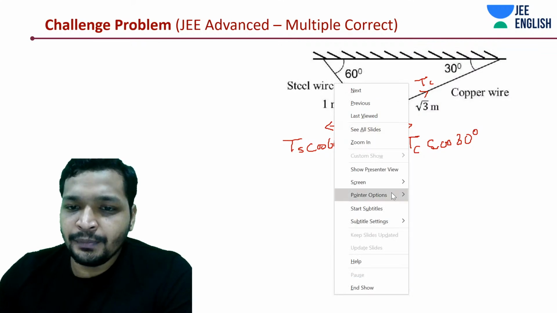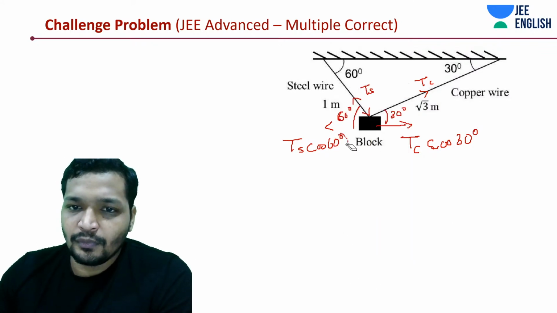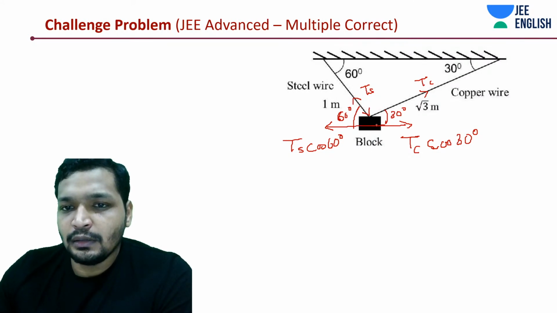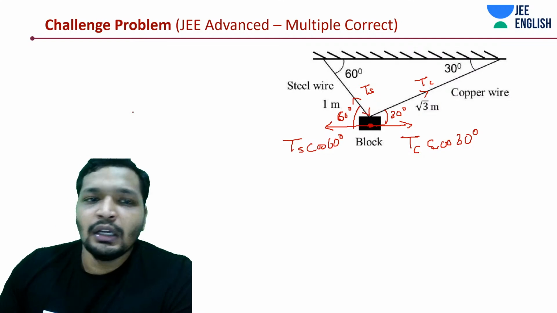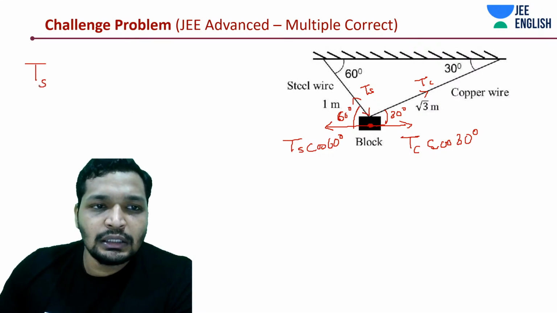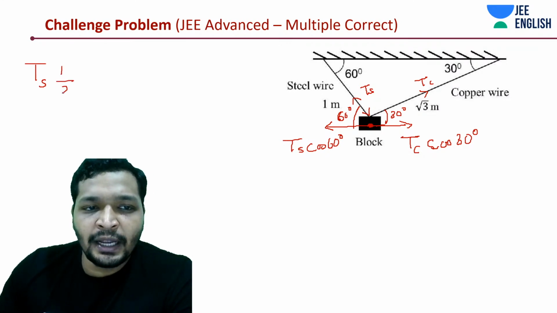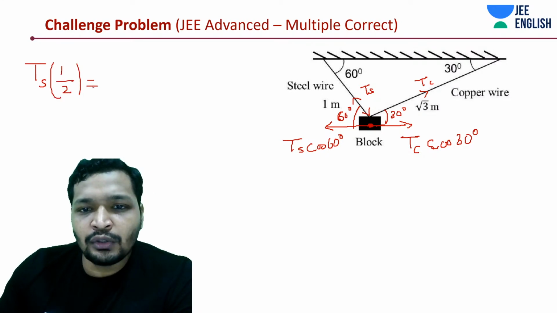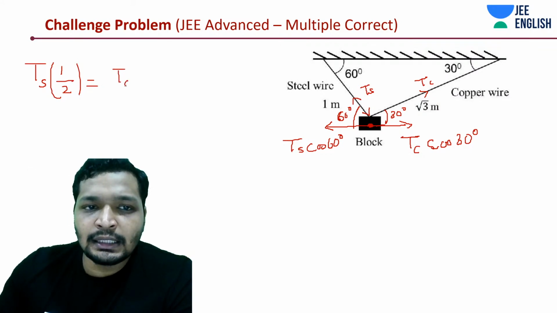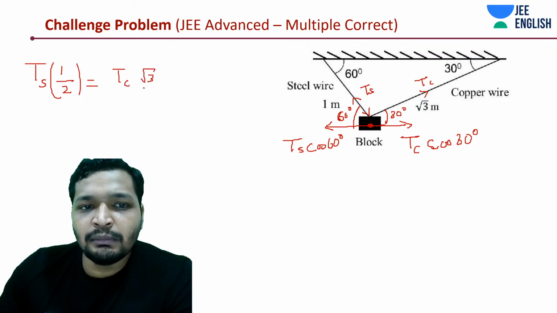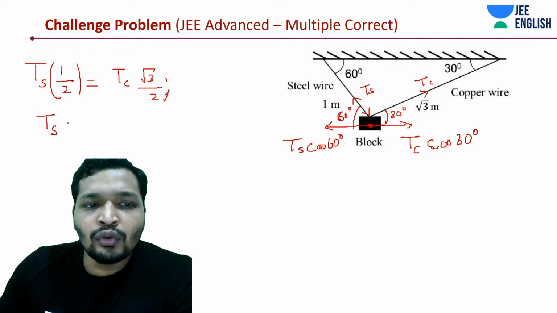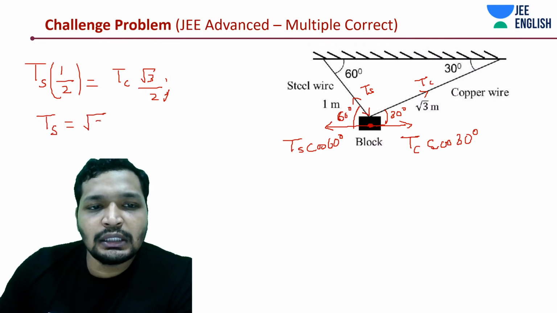Both are balanced out, right? So TS cos 60, which is 1 by 2, is equal to TC cos 30, which is root 3 by 2. Which basically tells us that TS is root 3 times TC.